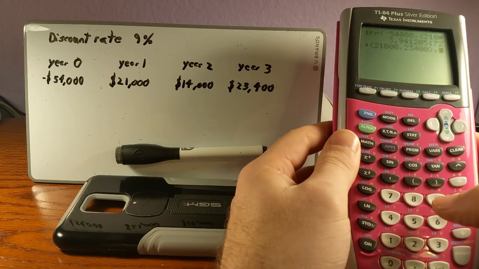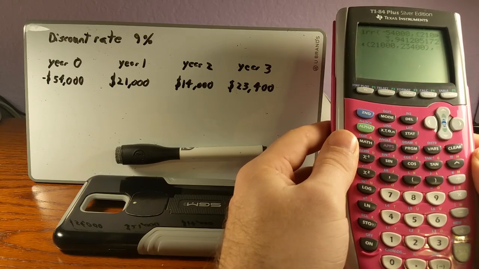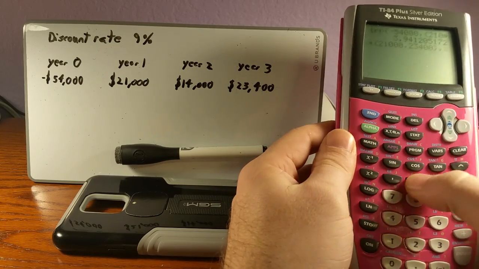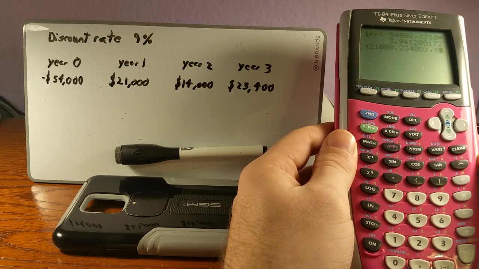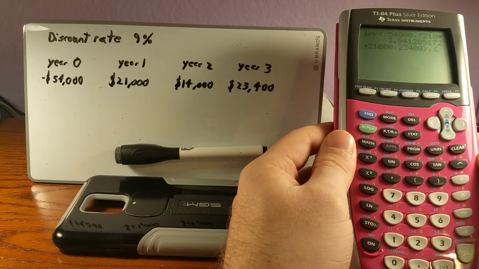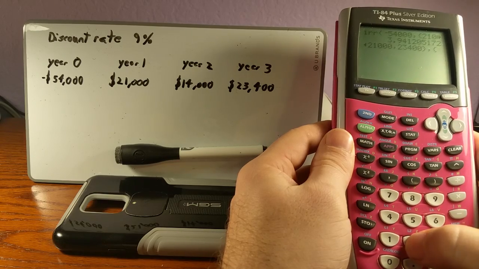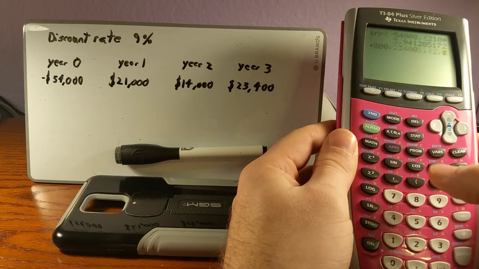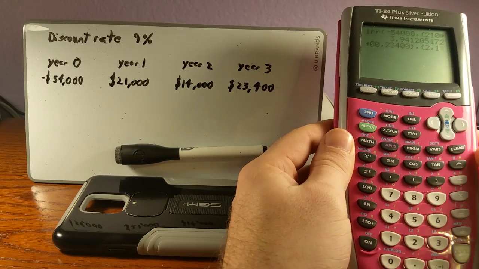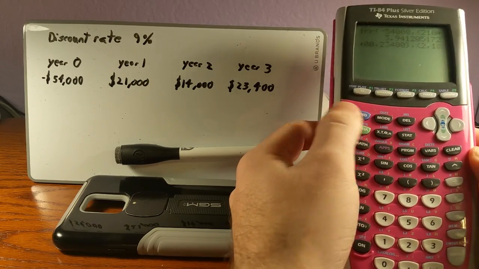Separate by a comma. So what do we do for the next brackets? Well, for the first 2 years, we had the same cash flow, right? So in that case, we're going to say 2 periods at 21,000, separated by a comma, and then 1 period of 23,400.